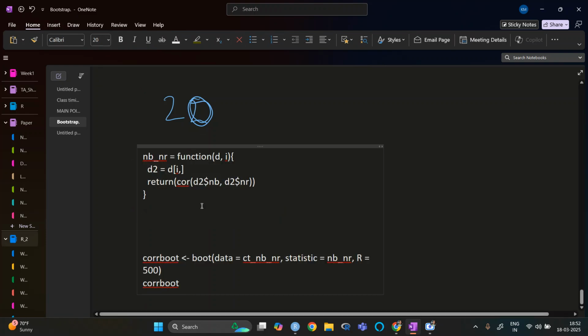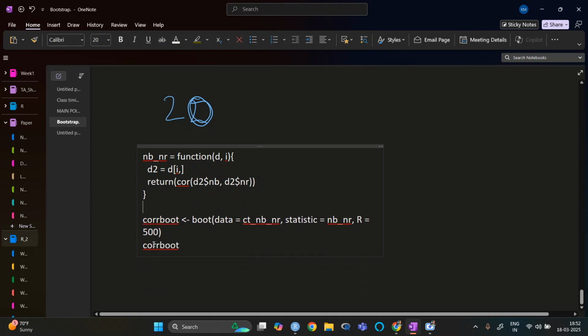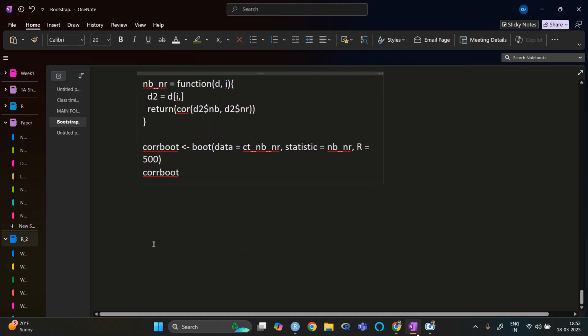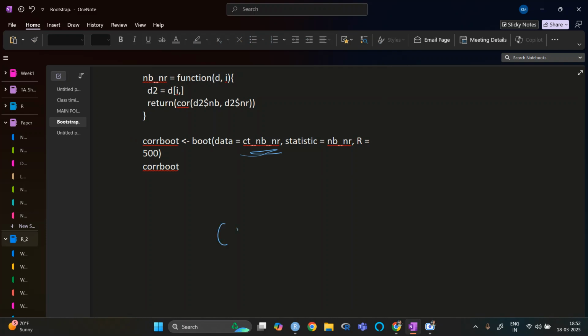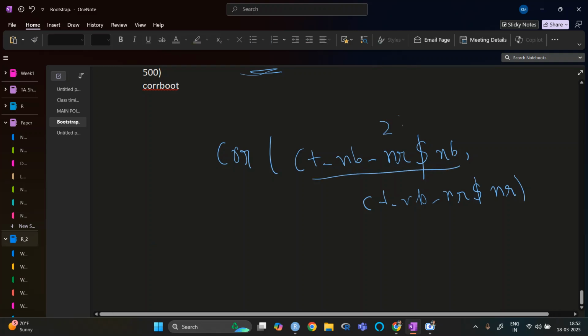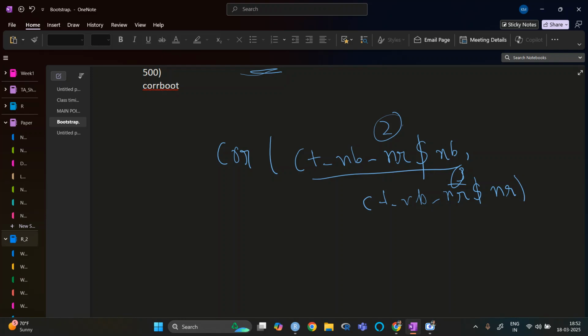When I have the data, I can just find the correlation of CT$NB and CT$NR, because this is the second column, this is the third column, which contains the number of balls and the number of runs.